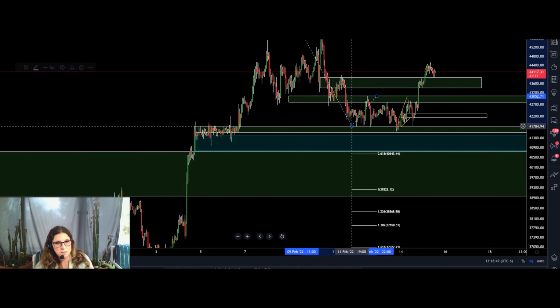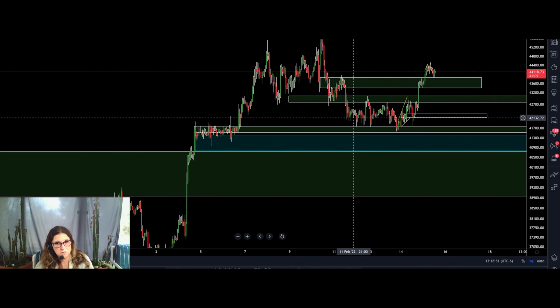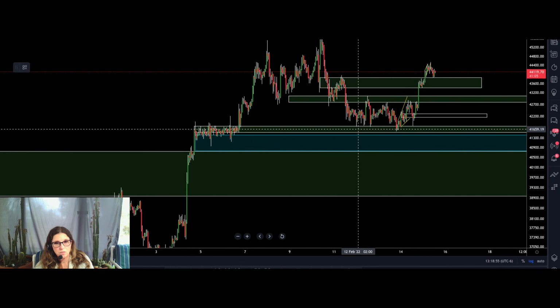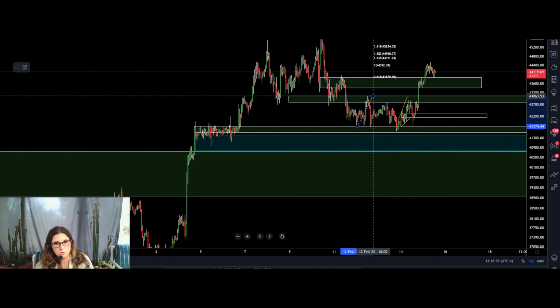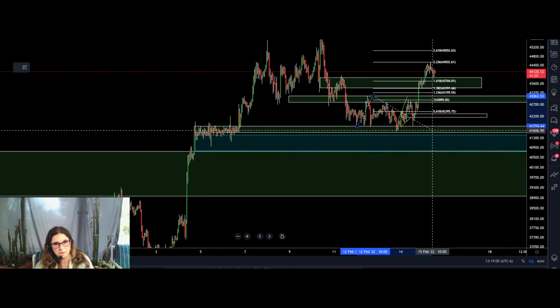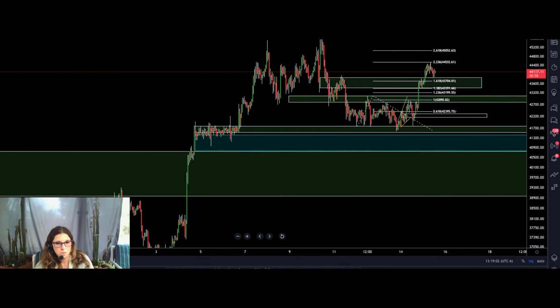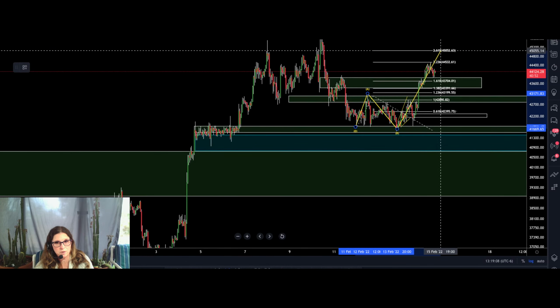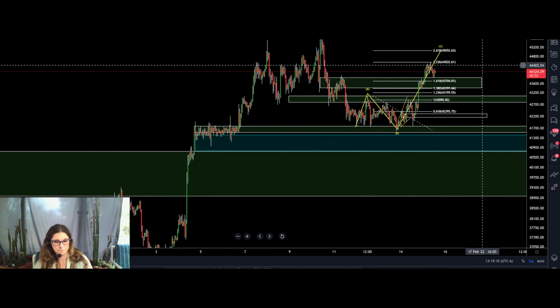So that leads me into this upward move. The upward move, I feel, is an expanded type flat where we are making A, B, and C could get up here to this 2.618. Okay?